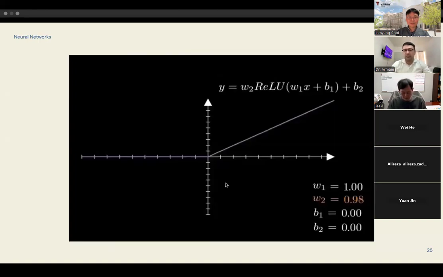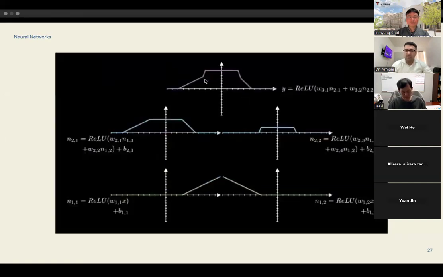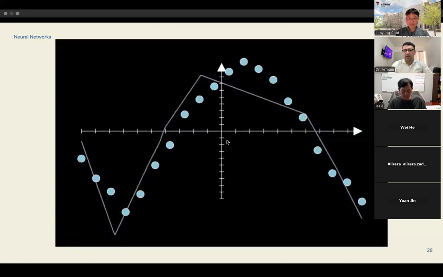For example, if we use ReLU, which is a very simple nonlinear activation function, then by combining several ReLUs, we can approximate different bends and different shapes of functions. It depends on where we put the ReLU, at what position, and with what weights. Essentially, we can approximate any function using just a series of ReLUs.